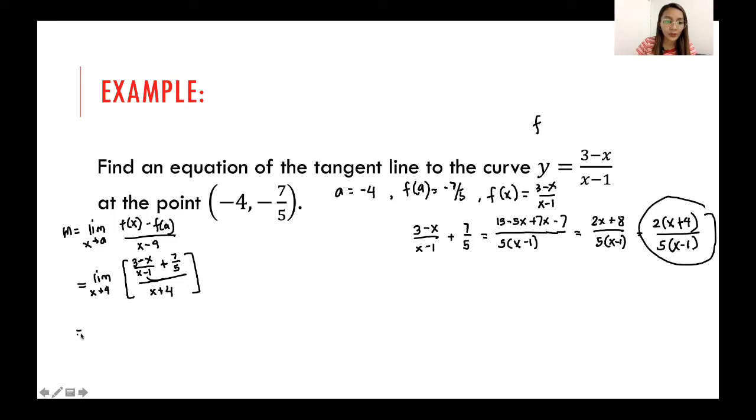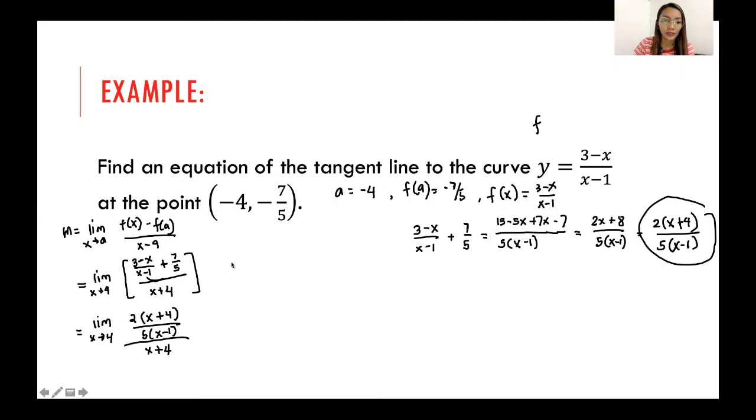So, that is equal to the limit of 2 times (x plus 4) over 5 times (x minus 1), all over x plus 4. Okay? So, division naman yan. Of course, the division, we are going to apply reciprocal.